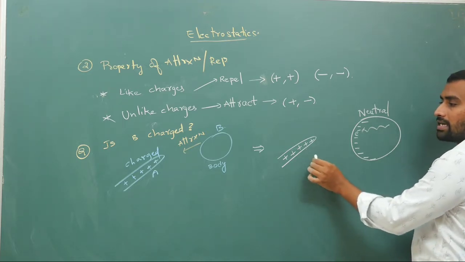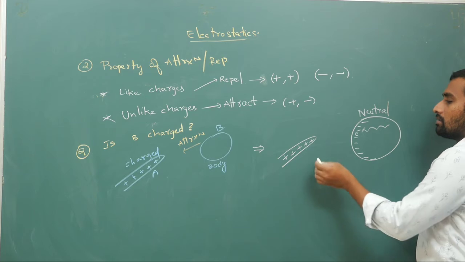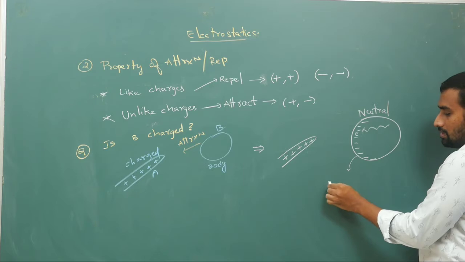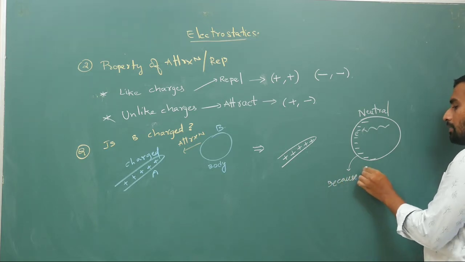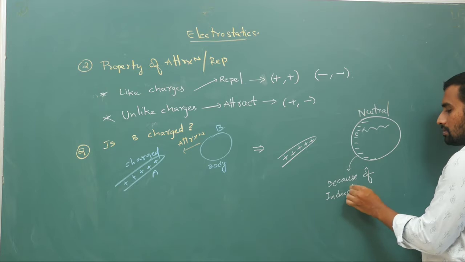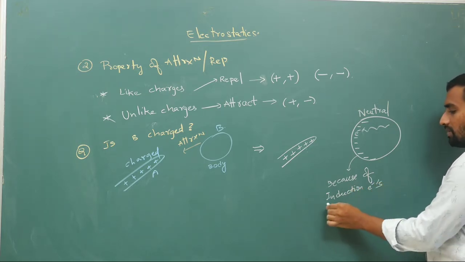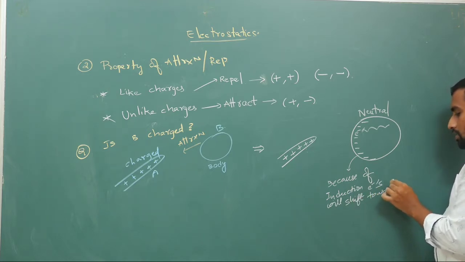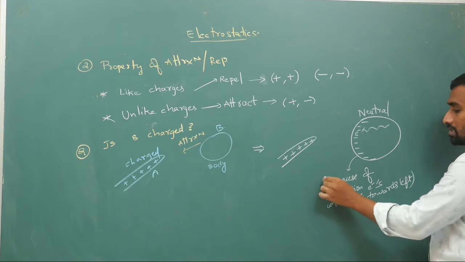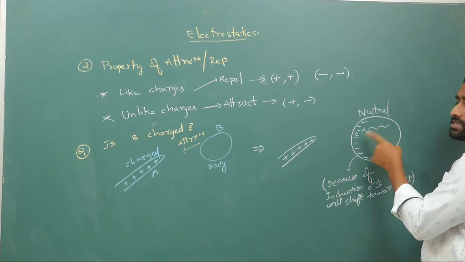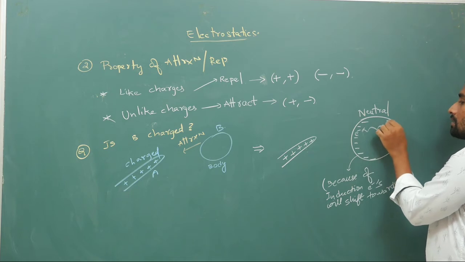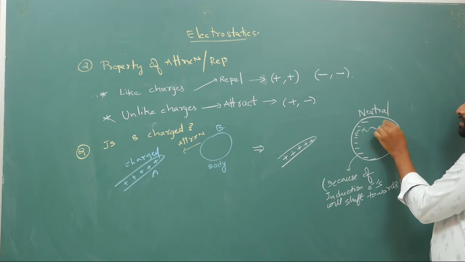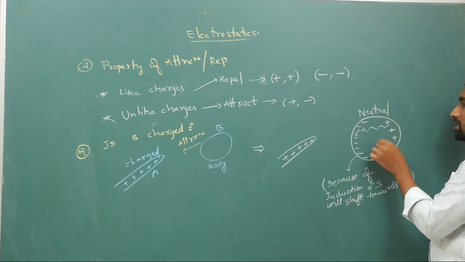This will produce an electric field, and because of induction, electrons will shift towards left. So some electrons are shifting towards left like this, and when these electrons start coming this side, then on the other side there will be positive charge.